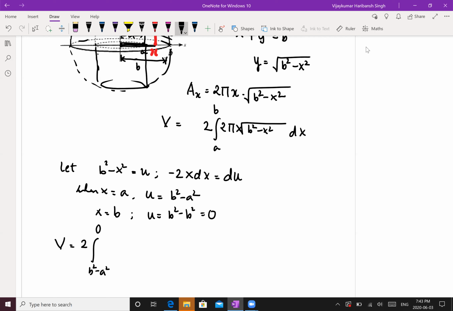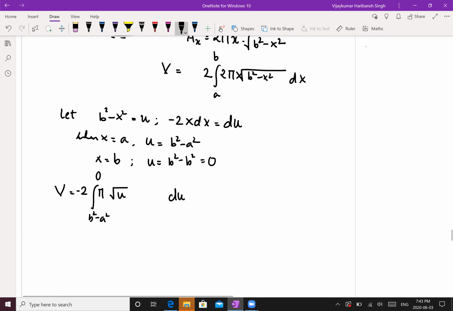Instead of 2x dx, I will have minus du. Pi will remain as it is. And instead of square root of b squared minus x squared, I will have square root of u. So this is going to be minus 2 pi. What is the integration of square root of u? u to the power 3 by 2 divided by 3 by 2. Sorry, my bad.